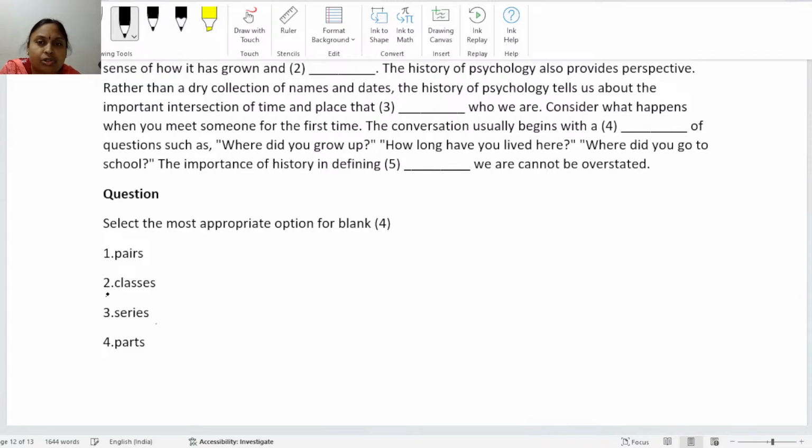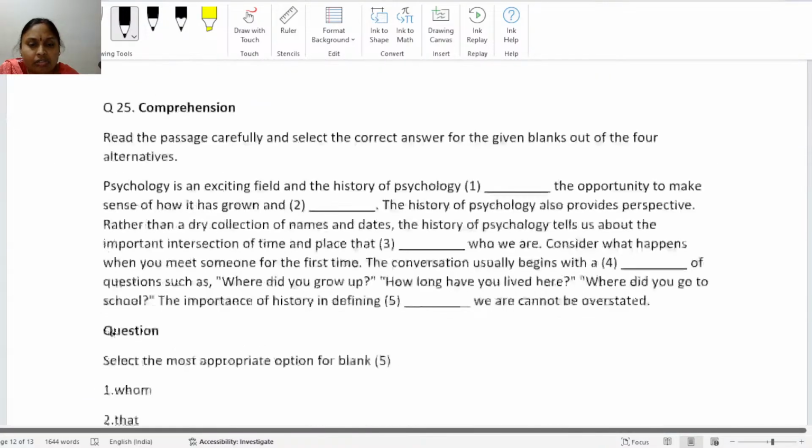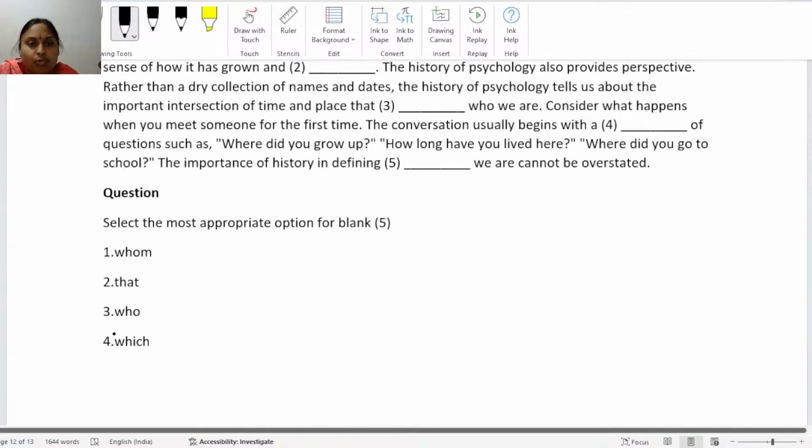So here we get series, a series of questions. A number of questions are asked back to back. So that is the meaning of series. Such as, where did you grow up? How long have you lived here? Where did you go to school? The importance of history in defining who we are can't be overstated. So here the fill in the blank is given. Select the most appropriate option for the blank.